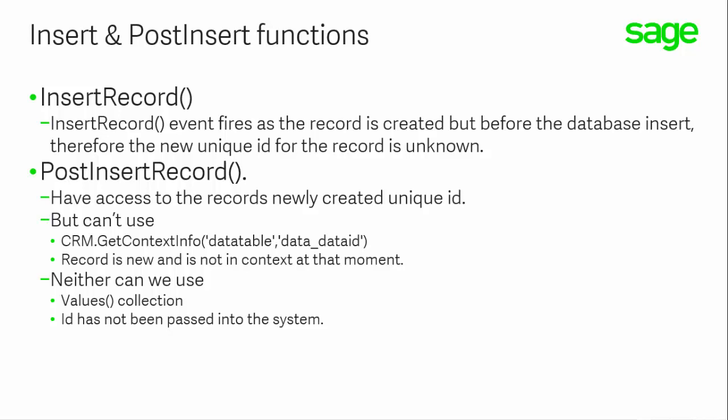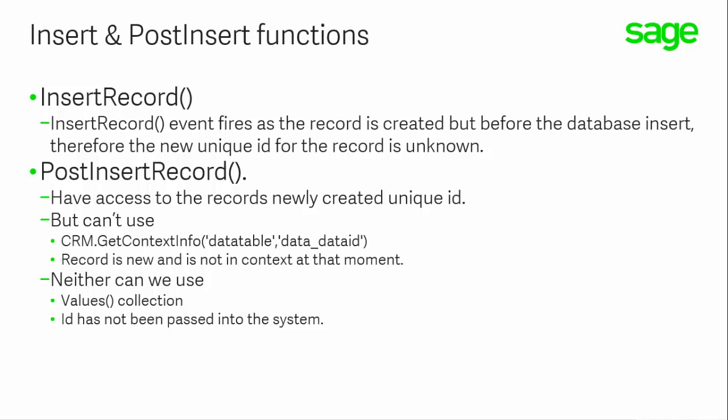So that's one of the odd things that we have there. We can't access a newly created record's information through getContext. Neither can we access it through the values method, because values collects the data that is passed into the system from the browser. But if it's been created within the server, we don't have that. The ID is not passed into the system.